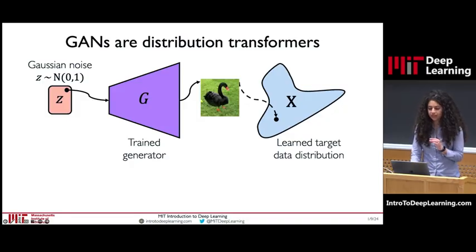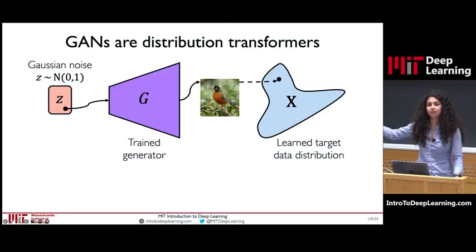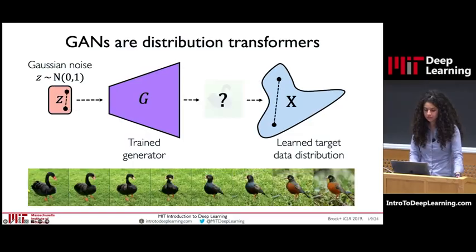What is really, really cool is that we can think about how to traverse this space of this learned distribution, meaning that different samples from Gaussian noise are going to end up in different places in the data world. And the GAN is learning a mapping that allows us to do this transformation.